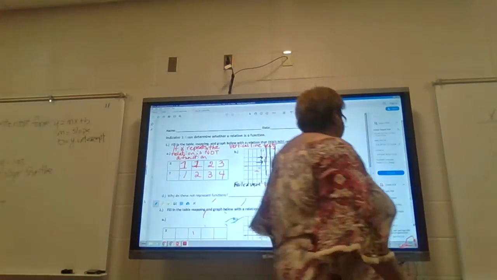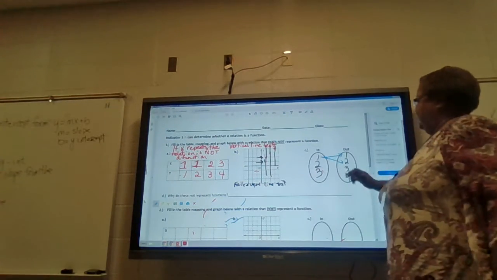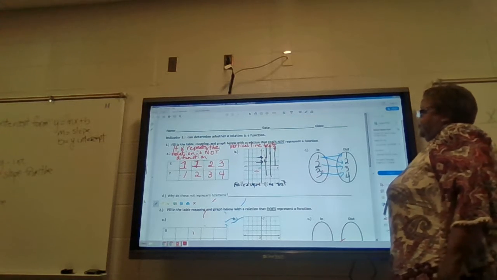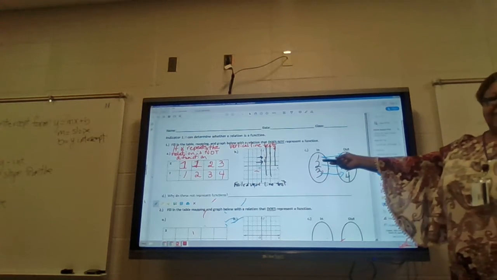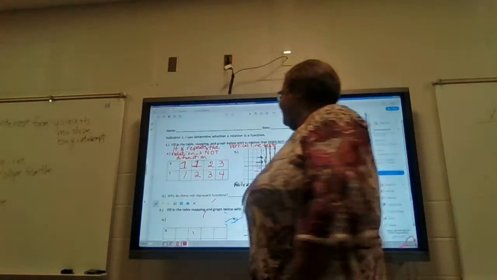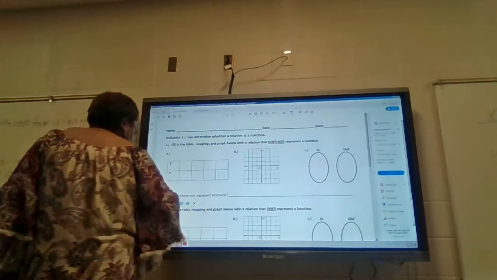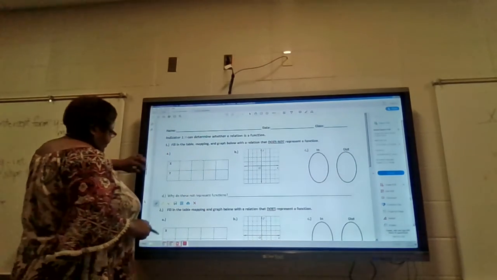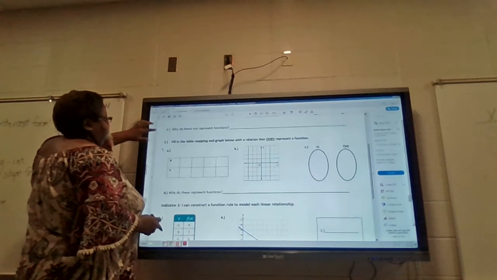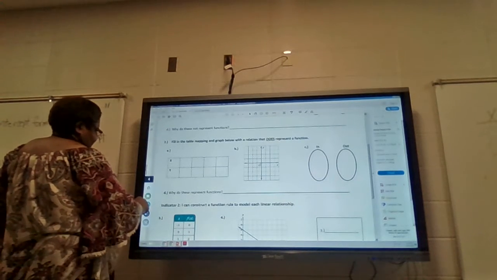That's what tells me it's not a function. 2 goes to 3, 3 goes to 4. So it's not a function because of this right here. All right, you can pause at any time if I'm going too fast. I don't mind going fast on a video because you can pause it.